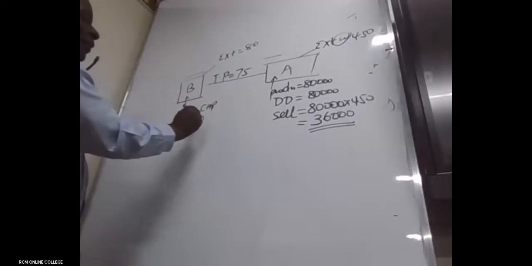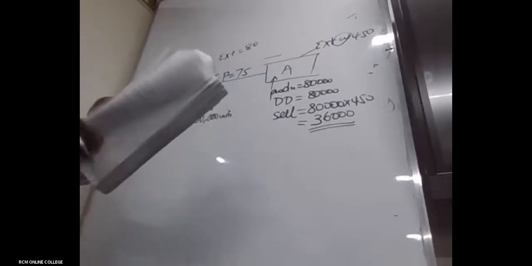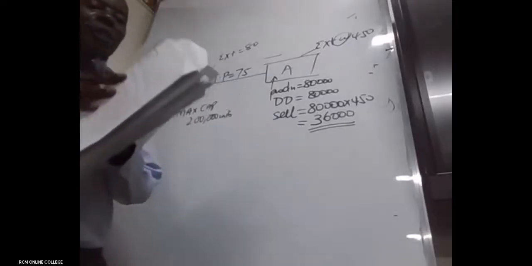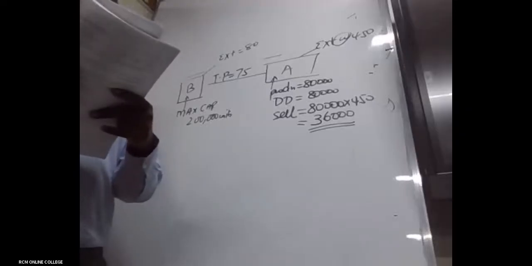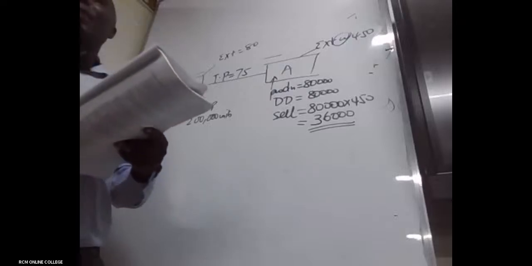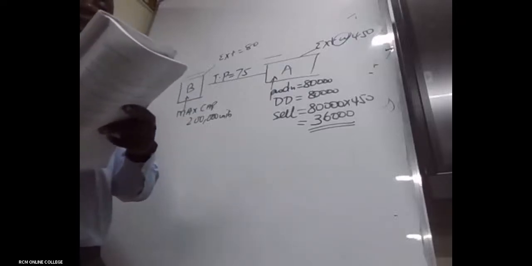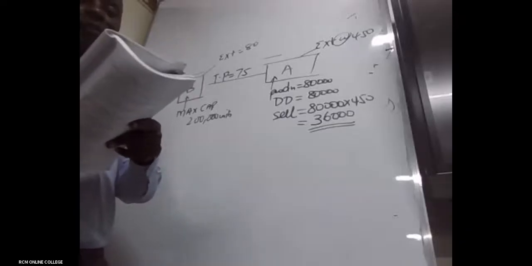Maximum capacity, how many? 200,000 units. And then you can see the maximum annual external demand, how many? So outside there, they want 180,000, isn't it? And the maximum annual internal demand is what here, somebody? Is 80,000.